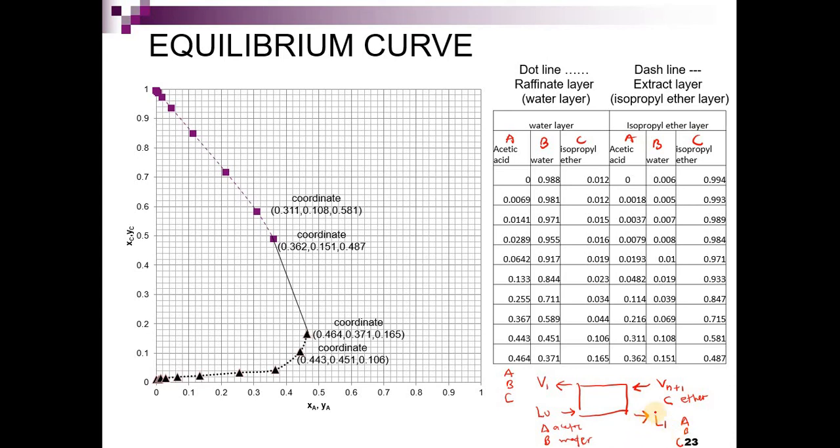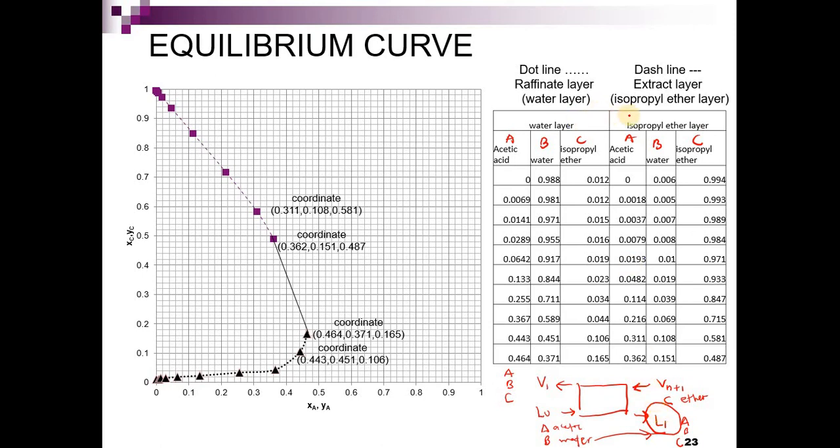This is the water layer. Because we don't want water, we will remove the water at the raffinate. So this is what we call the water layer or raffinate layer.